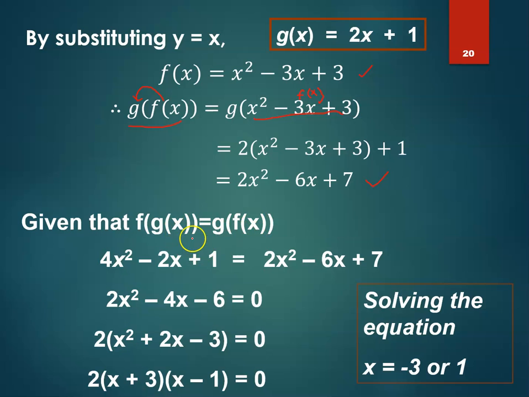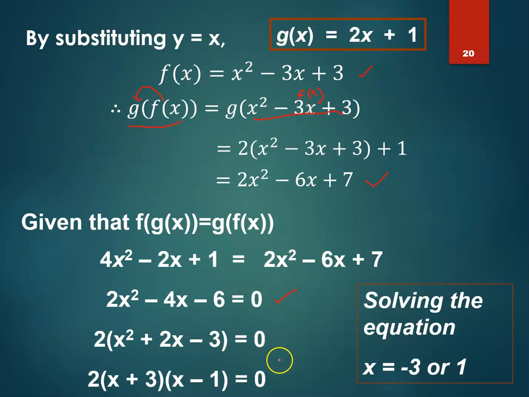These two composite functions are equal. So you already have the one from the question, this one, and this one is you just found earlier, this one. So you're going to rearrange this, susun semula, 4x squared minus 2x squared until you get this.